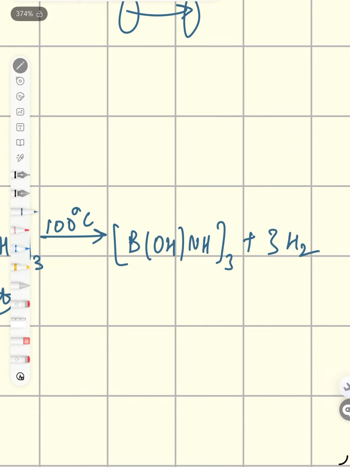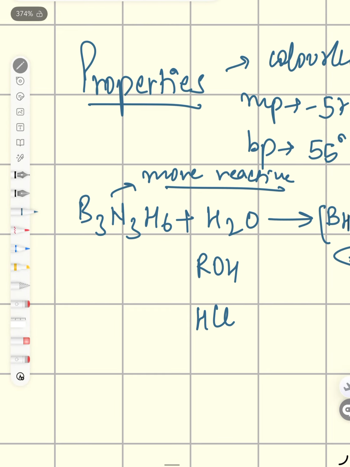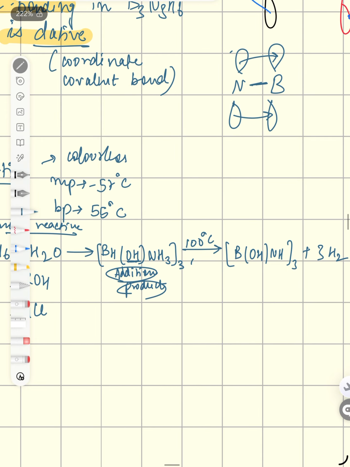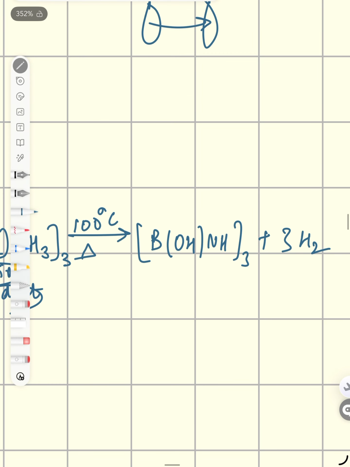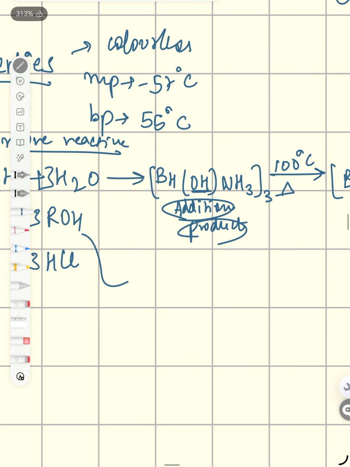3 moles of hydrogen are lost, and for this reaction to take place, the molar ratio of the reactants has to be 1:3. 1 mole of borazine reacts with 3 moles of water or alcohol or hydrogen halide to give the addition product, which on heating loses hydrogen. A similar reaction occurs with alcohol.